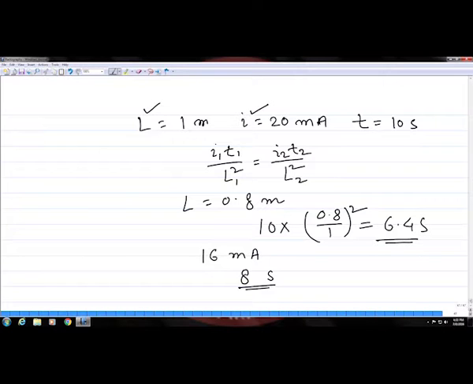But here this is about the distance between the source and the sample.